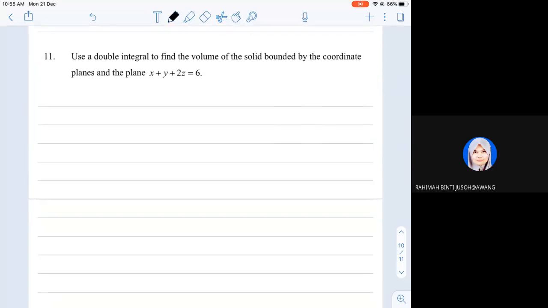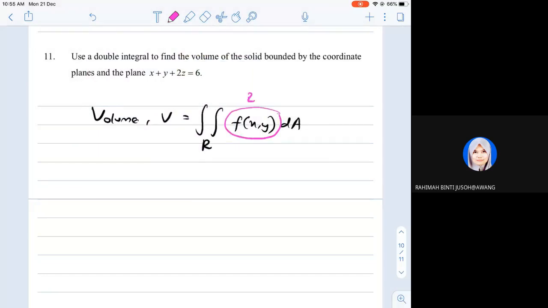Okay, first of all, guys, volume equals double integration towards region R. We have f(x,y) dA, which means that f(x,y) is your z actually.